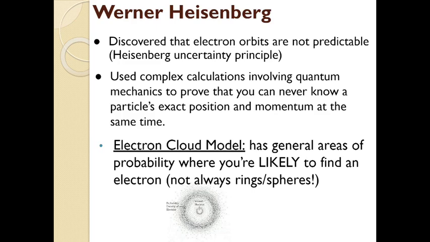He turned what were neat orbits into just some general cloud-like areas of probability where you are most likely to find an electron. But it's not just a ring, let alone an orbit, that is going around in nice, neat little circles. And we're going to talk more about these shapes later, but they're not always necessarily spheres and nice rings either.